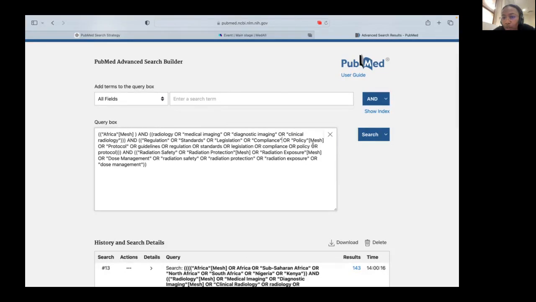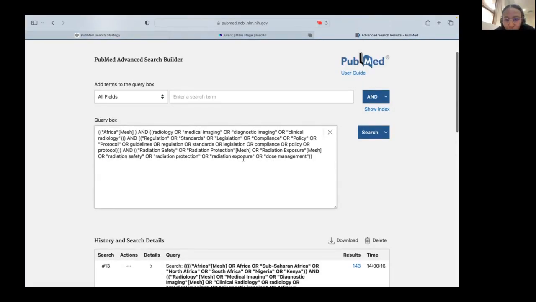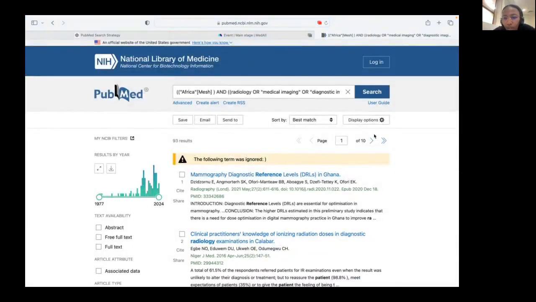The idea is once you do that, it gives you a bit more room, and that would improve the number of results that we've got. So we have radiation safety, exposure, dose management. I don't think dose management is something that we'd be interested in. Okay, we actually got a bit less with this one.